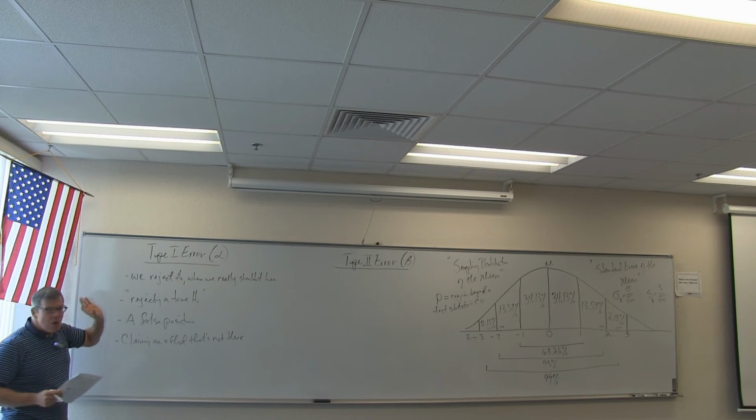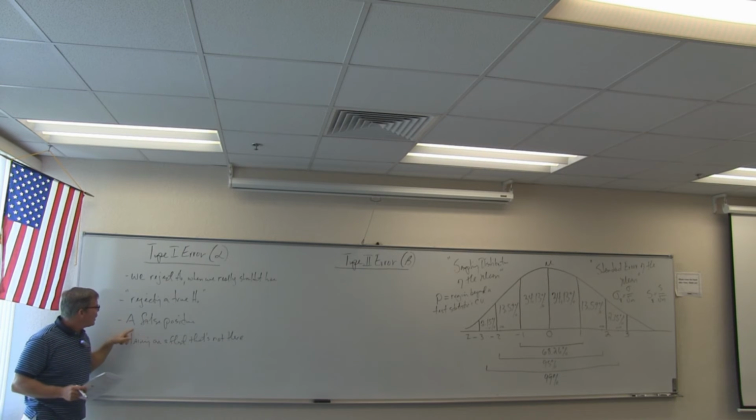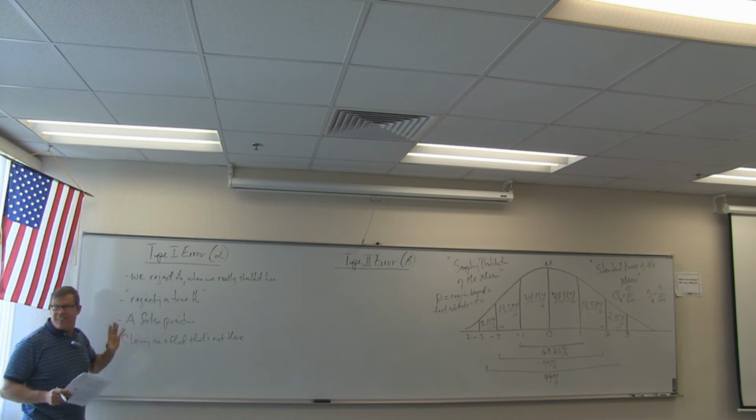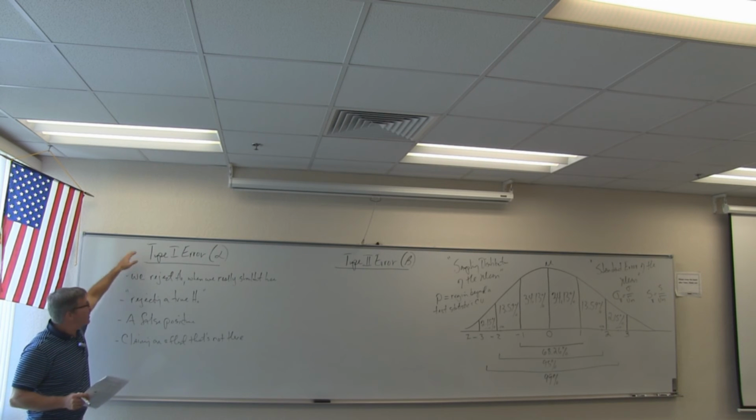So there's always a small chance when I have rejected the null that my decision to reject that null is wrong. The actual committing of a Type 1 error is considered a false positive. Now, it's not to say when I reject the null that I've committed a Type 1 error.